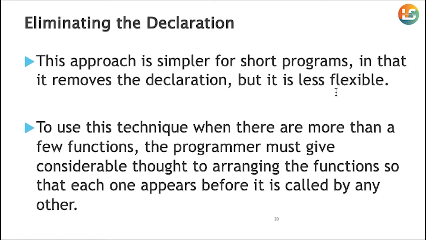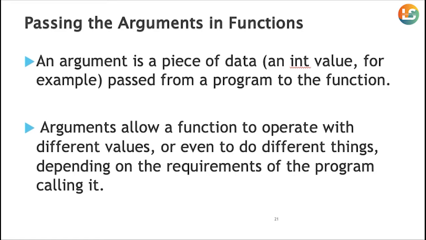Okay, now consider the arguments. For example, in the function, we want to send or provide it some information or data from the caller function. Considering the same example, we are going to print the star lines, but how many stars we want to print, we want to inform the function, for example 45 stars, 30 stars, 2 stars, or any number of stars.